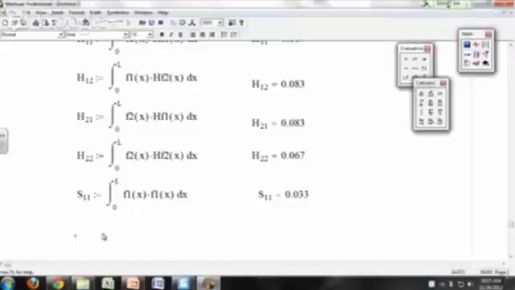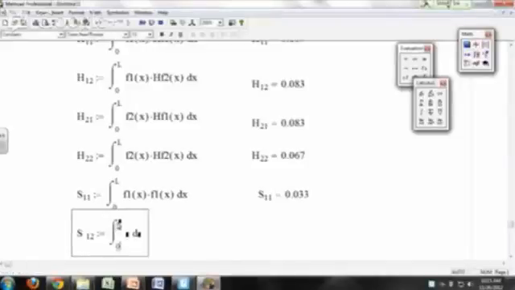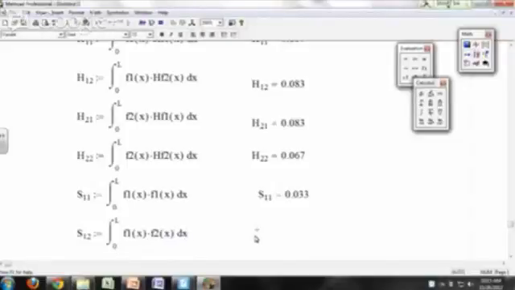What about S12? Integral from 0 to L of f1 of x times f2 of x dx. And S12 equals, oops, I need to define it after. S12 equals 0.017.